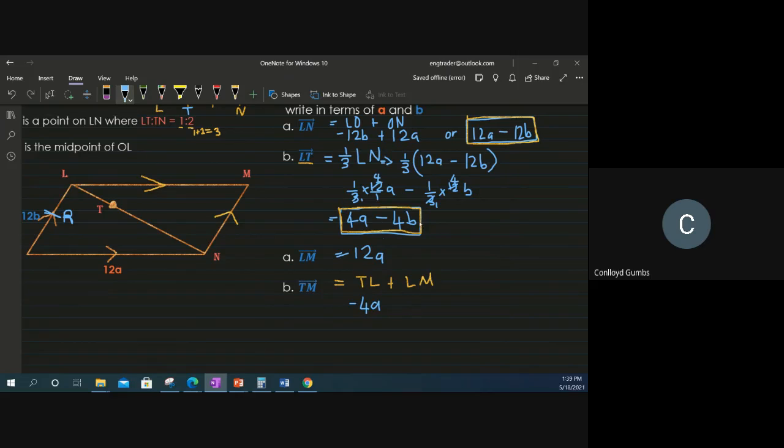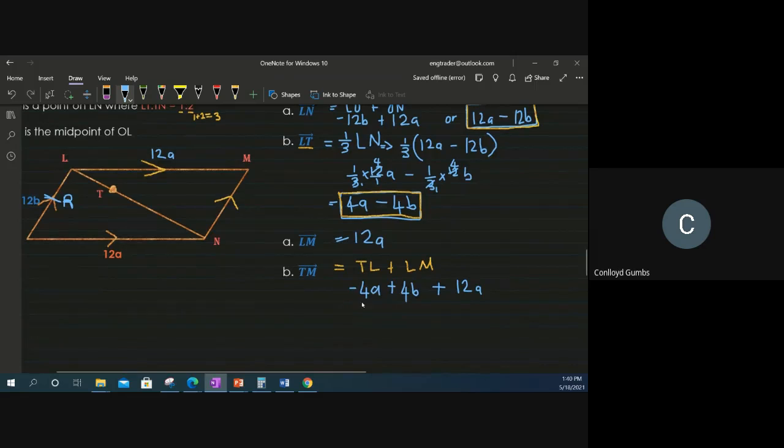And if this was minus 4B, I need to say now positive 4B. And then I need to add that to whatever LM is. We figured out that LM was 12A, so we could even write this here so we remember. All we need to do is add plus 12A.